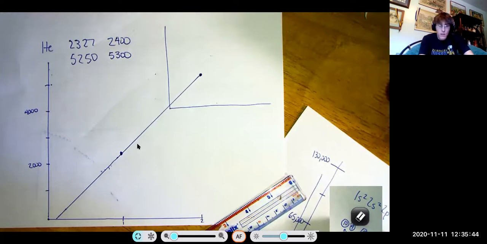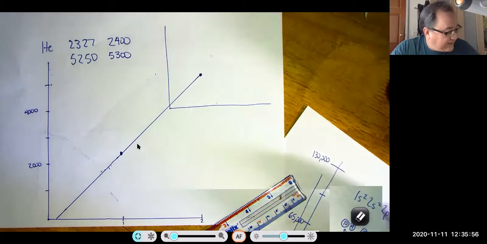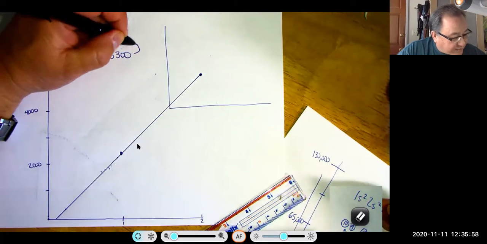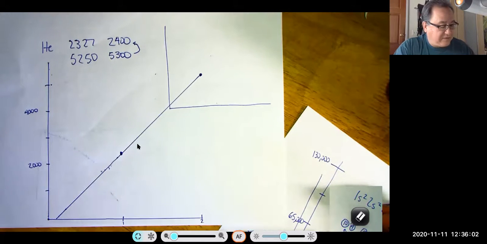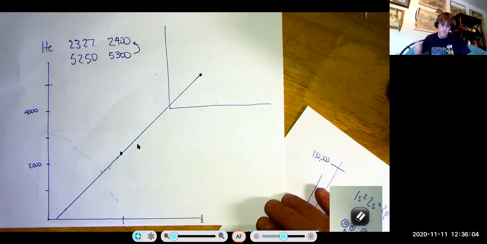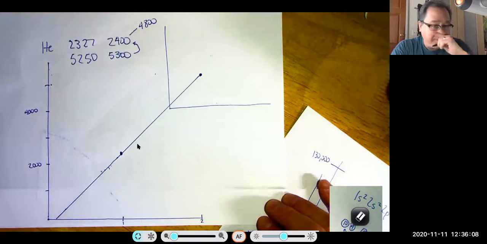You'll notice ionization energy 2 is not twice ionization energy 1. It's actually more than twice. I put "more that twice." But you get the idea? This is more than twice 2400. Are you with me there? Yeah. Because twice is 4800 and it's 5300.